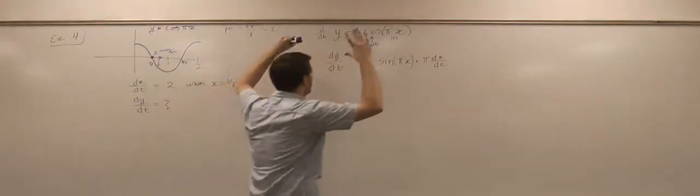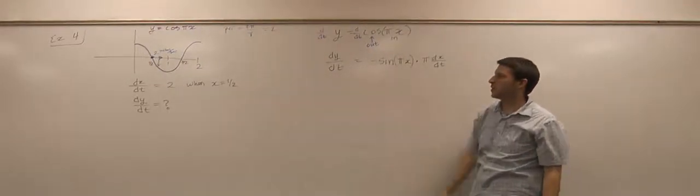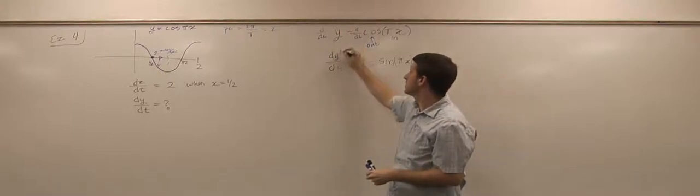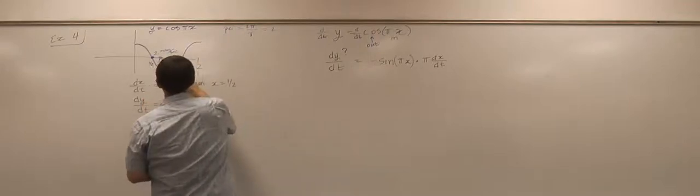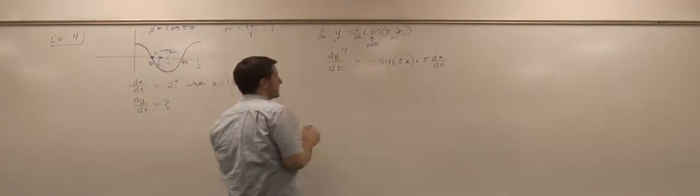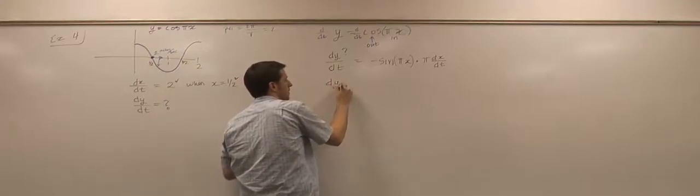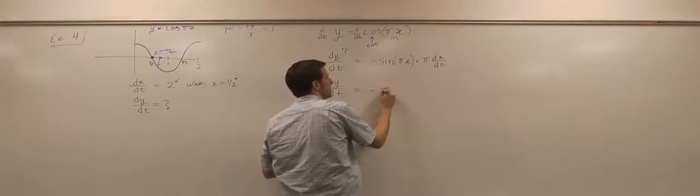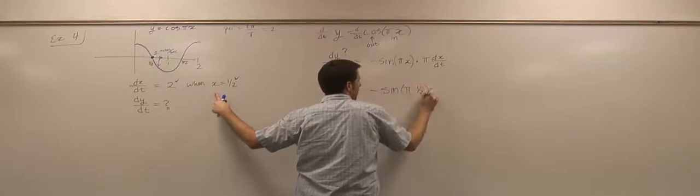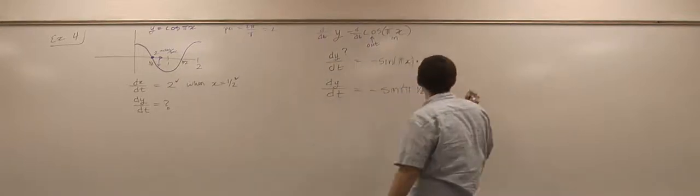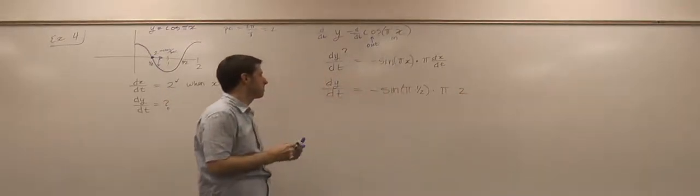Got my information down, took my equation, derived it. Now I need to plug in everything I know to solve for what I'm missing. Right? This is what I'm missing. I know x, and I know dx/dt. So I should be able to figure this all out. dy/dt equals negative sine pi, I'm going to plug in 1/2, times pi times 2.